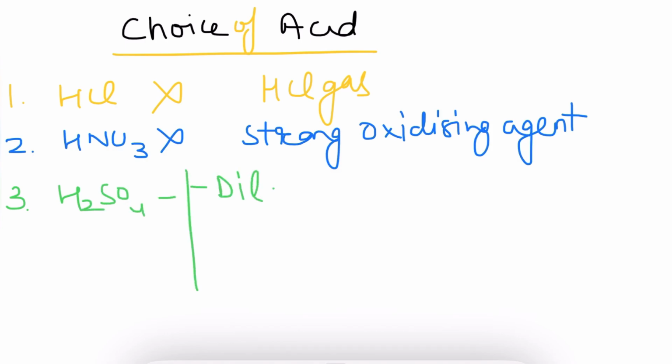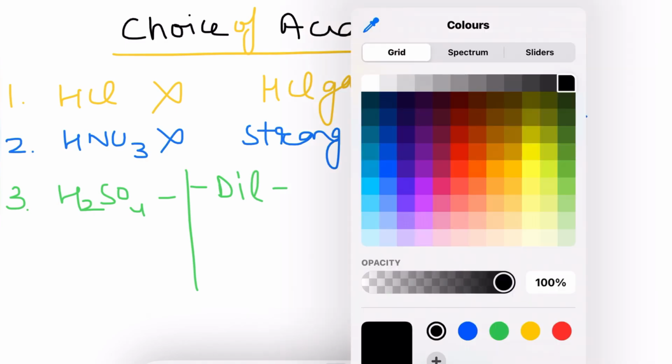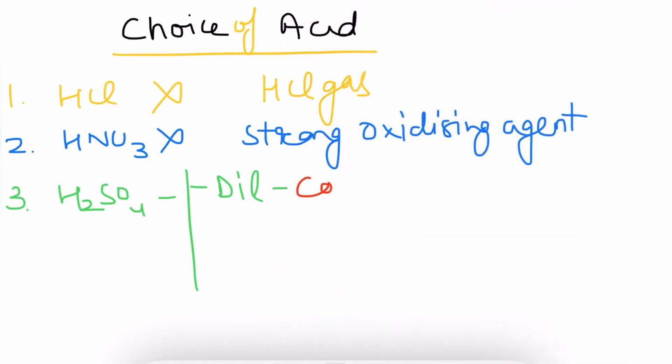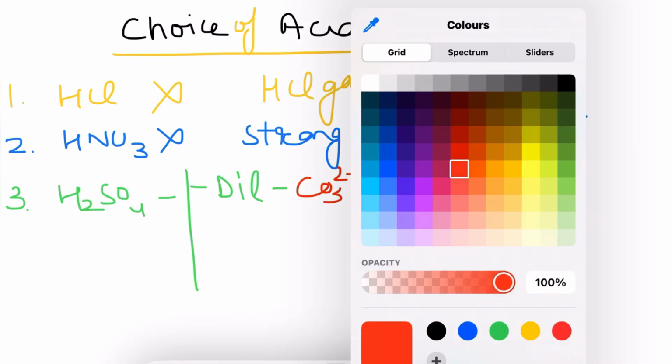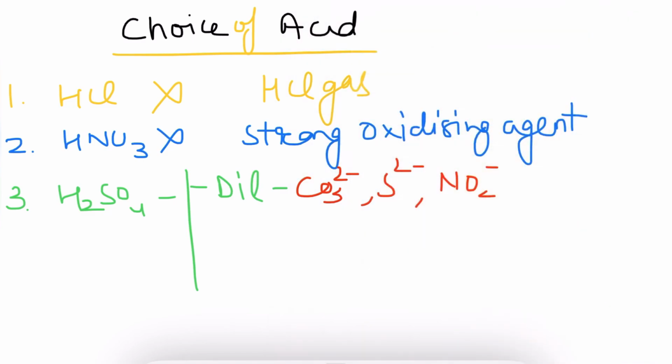A few radicals, like carbonate radical, sulfide radical, and nitrite radical, easily decompose in the presence of dilute sulfuric acid. So we use dilute sulfuric acid for the analysis of these radicals.